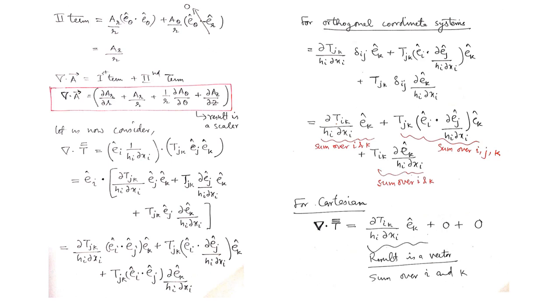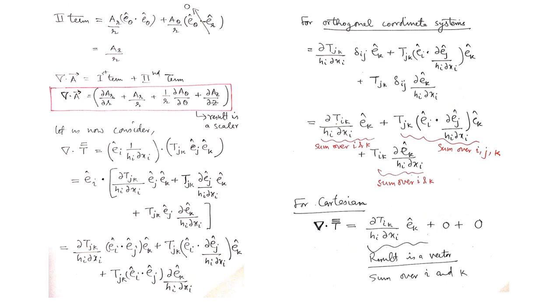So the last simplification stage for orthogonal coordinate systems has these three terms: del Tik by del xi, 1 over hi, ek, and plus Tjk, ei cap dot del ej cap by del xi, 1 over hi, and of course ek, plus Tik, del ek cap by del xi, 1 over hi. So in the first and the third, you have i and k as the repeating indices, and in the second term you have i, j, k all being treated as repeating indices.